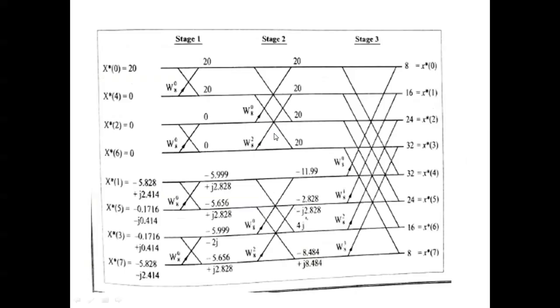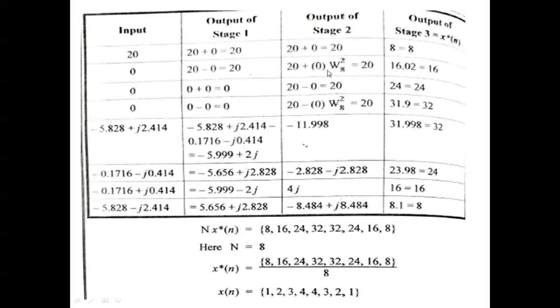In stage 2, the first two are A plus B twiddle factor, and the second two are A minus B twiddle factor. Here A is 20 and B is 0, so 20 plus 0 with twiddle factor 1 is 20. Similarly for the second one, A is 20 and B is 0, so 20.